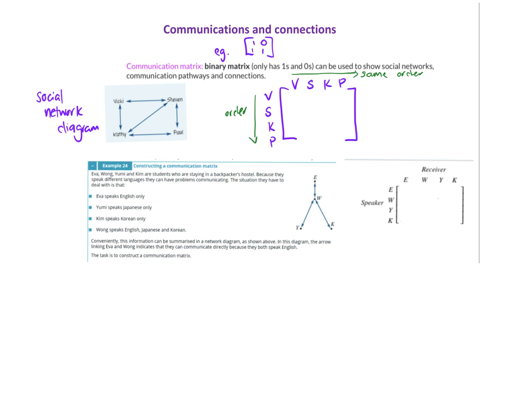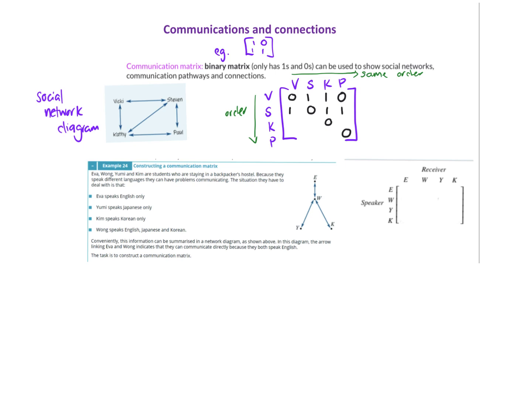Obviously you don't need to communicate with yourself. You already know the message. If you think about it, we were getting a message to the people. So Vicky can talk to Stephen, so there's a 1 between Vicky and Stephen. Vicky can talk to Kathy, but she can't talk to Paul. Then we go through again. Stephen can talk to Vicky, Kathy, and Paul.